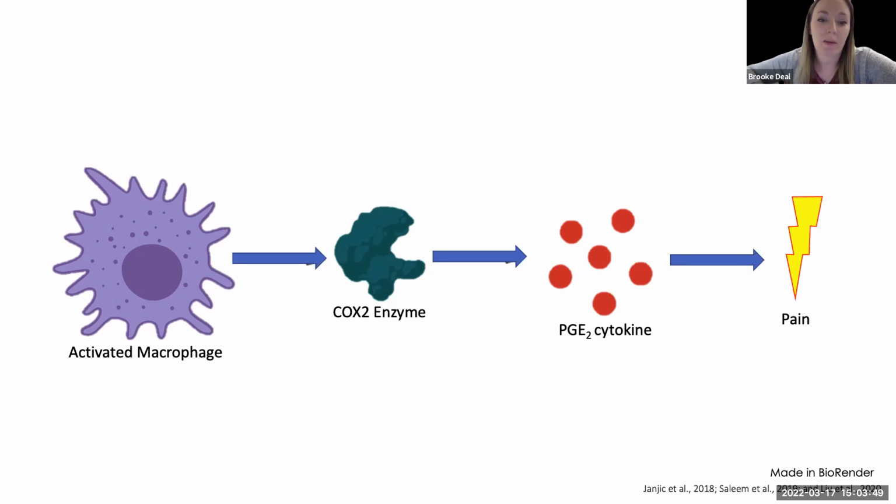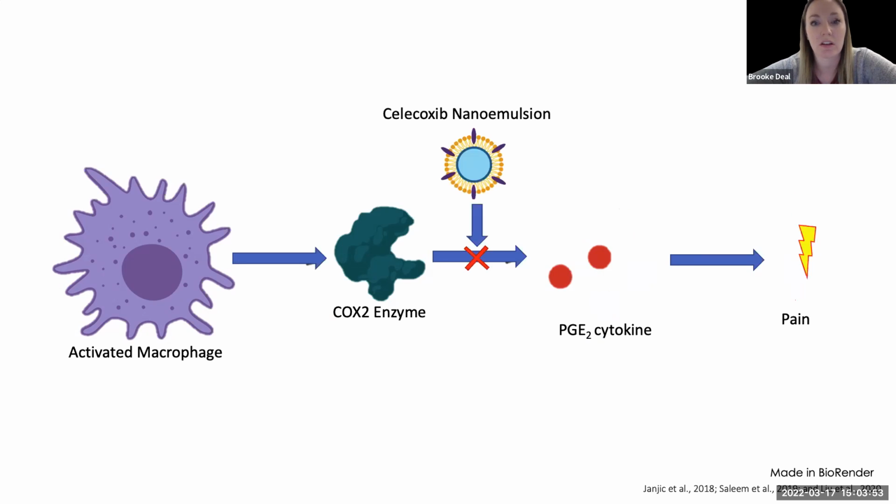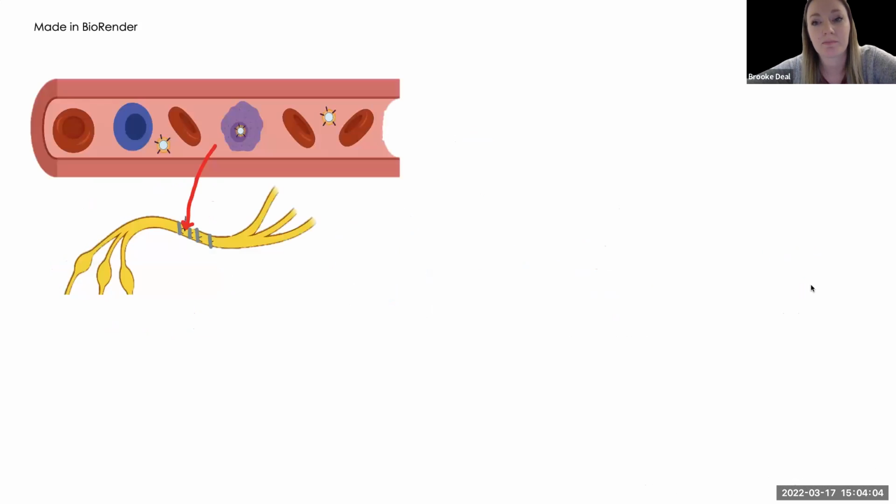Working with Dr. Jay's lab here at Duquesne University, we have had the opportunity to use a novel celecoxib nanoemulsion to block the COX-2 enzyme from producing the inflammatory cytokine and thereby decreasing pain. And utilizing the macrophage's natural response is actually a really cool technique because the macrophages uptake or phagocytose the nanoemulsion in the peripheral blood.